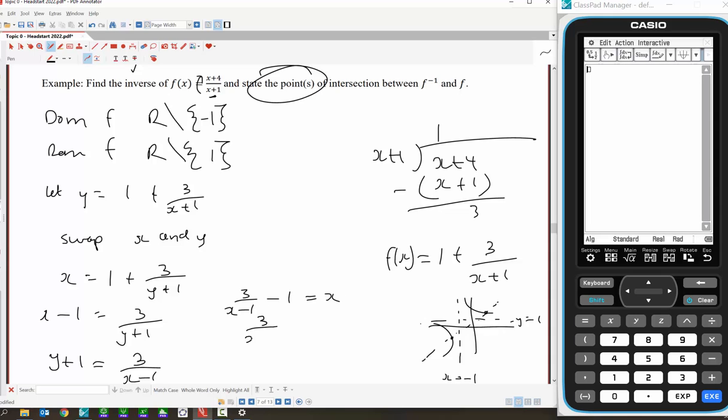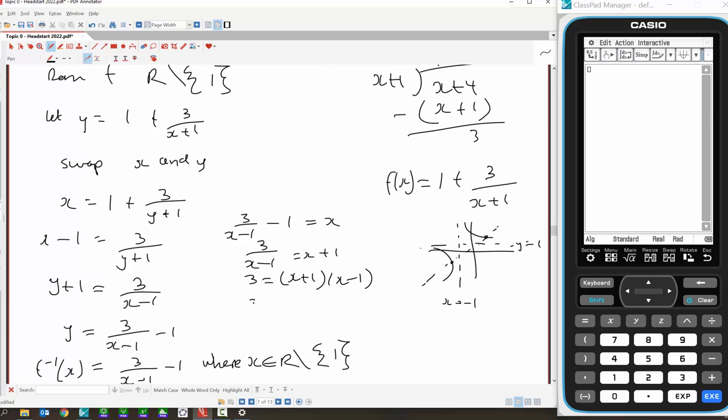So let's do that. And we can see here that x equals 2 or negative 2.